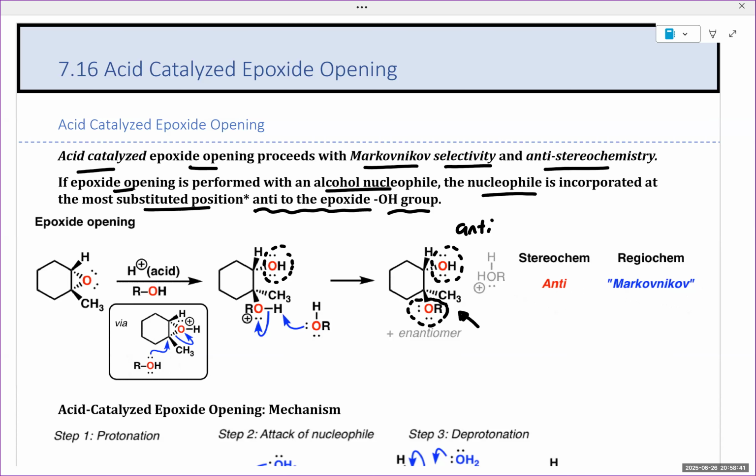Additionally, the incorporated OR group, the alcohol that we use to open the epoxide, is installed in a Markovnikov regiochemistry. It's installed at the most substituted position.